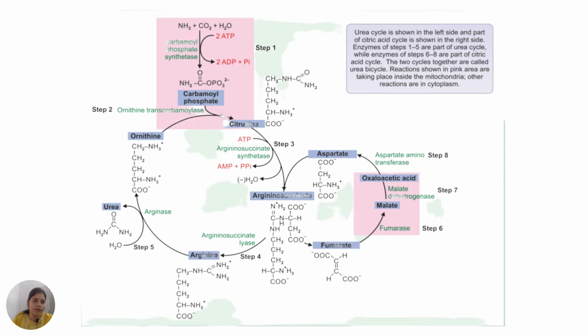If any of these enzymes are lost or deficient, there will be no production of urea, and ammonia will accumulate in the body's tissues and cells, creating disorders of ammonia, which we can continue in the next classes.